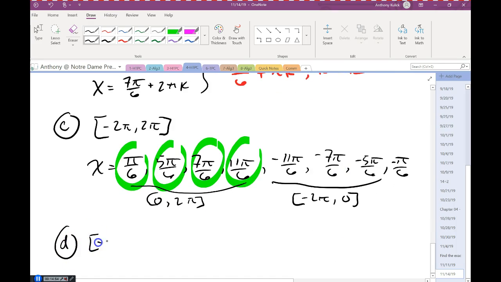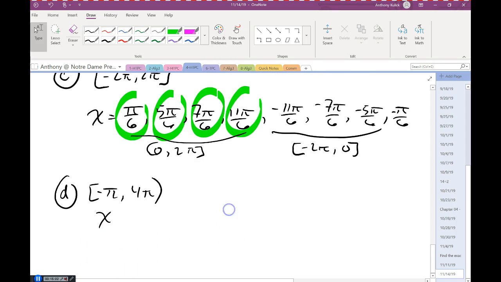And then for part D, we wanted negative pi to 4 pi. So definitely my answers for part A should all be here, because 0 to 2 pi is contained inside this interval.